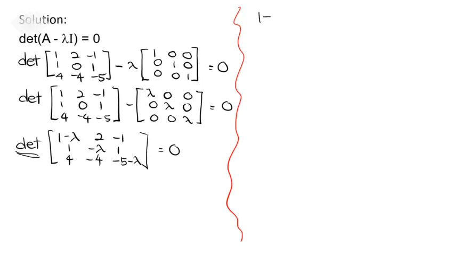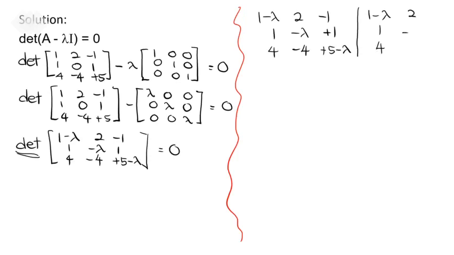So 1 minus lambda, 2, negative 1, 1, negative lambda, 1, 4, negative 4, negative 5 minus lambda, and then copy back column 1, column 2.